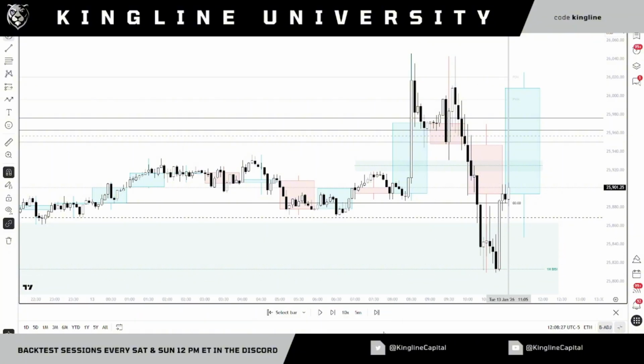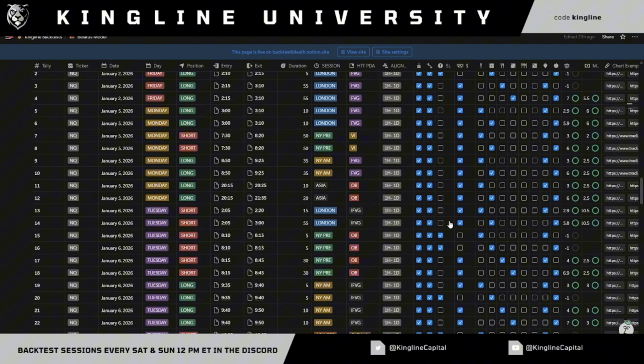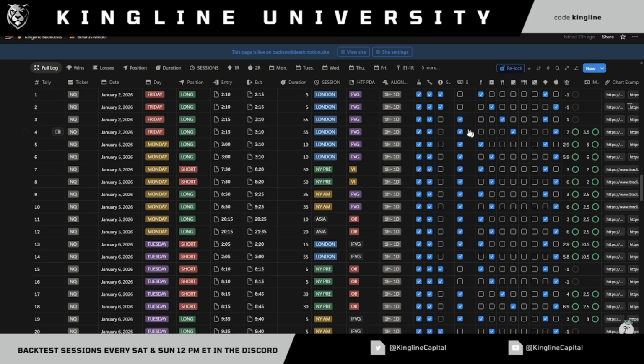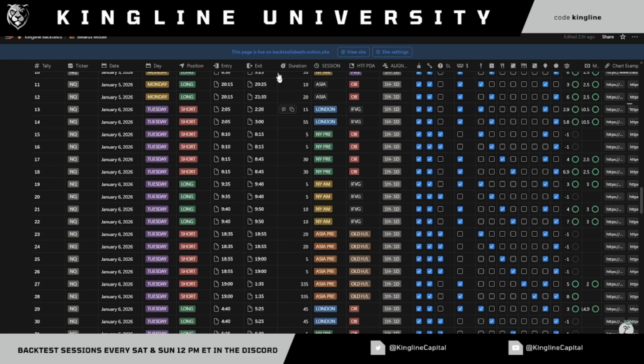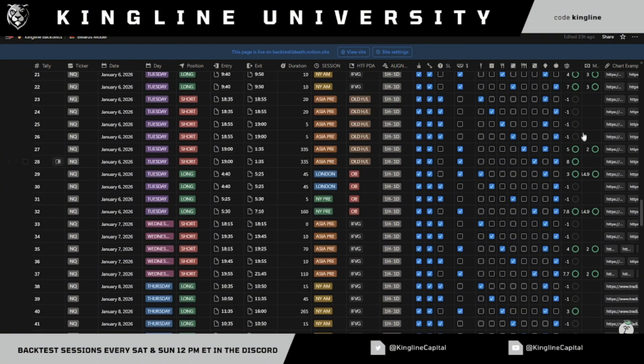For example, if we go into the sheet here, I don't think there's any instance in which all three get stopped out, right? Because we have entry one getting stopped out, entry two making profit, entry three making profit. But the entire idea getting stopped out, I would argue that that win rate is a lot higher.